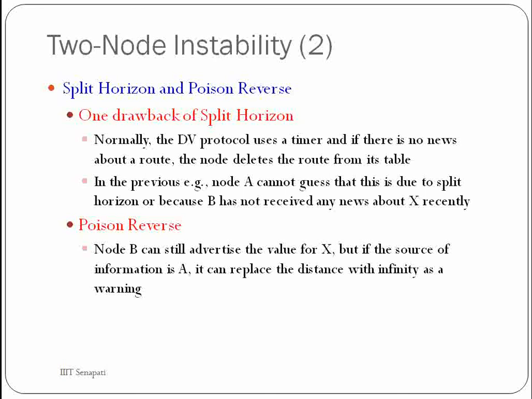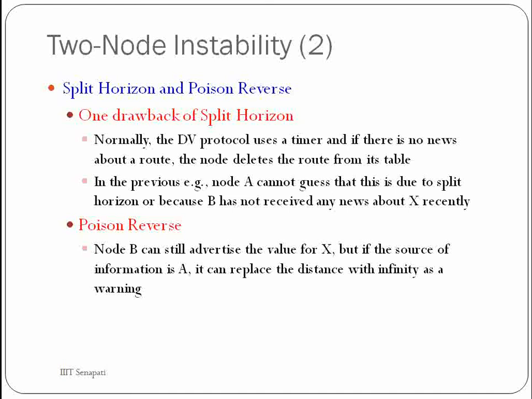Now in split horizon we will have a certain problem. Normally in this distance vector protocol, we have a timer. If there is no news in that particular time, the node deletes the route from its table.